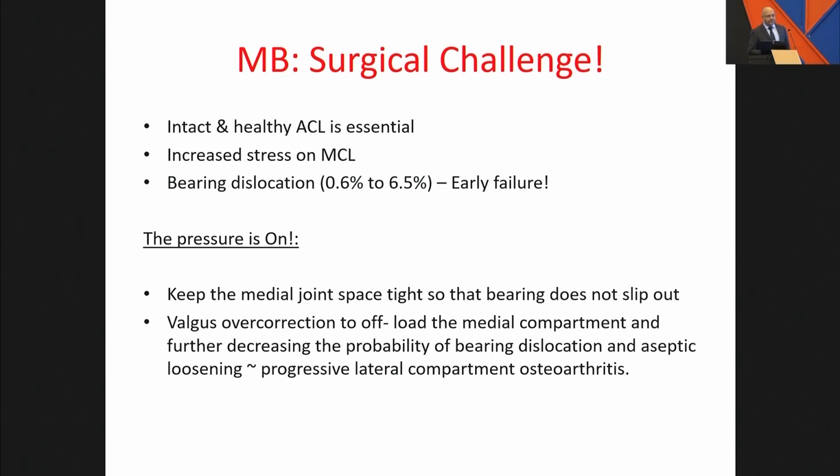But for congruent surface and a conforming range of motion throughout the flexion extension arc of knee motion, you don't only need a conforming surface, you also need an intact and healthy ACL, and you need a good functional MCL without being overstressed, because if you have mobile bearing, then the stress on the MCL changes from full extension to deep flexion, and that brings you to the inherent risk of bearing dislocation, which is a part of the package in mobile bearing knees.